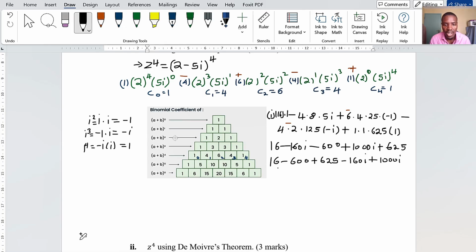This gives you 41. On the other part, we have negative 840, in fact, positive 840i. So z power 4 using binomial expansion is 41 plus 840i. That is correct with my calculator.